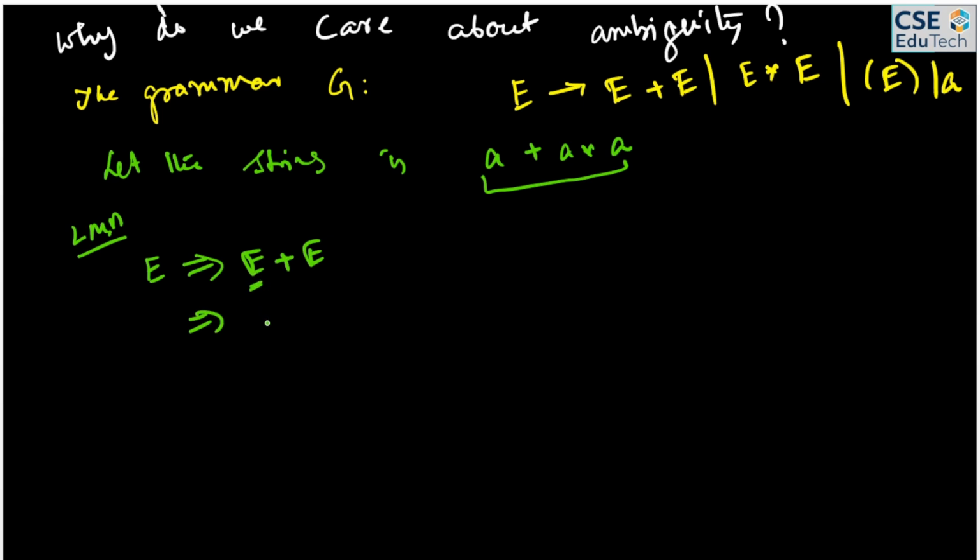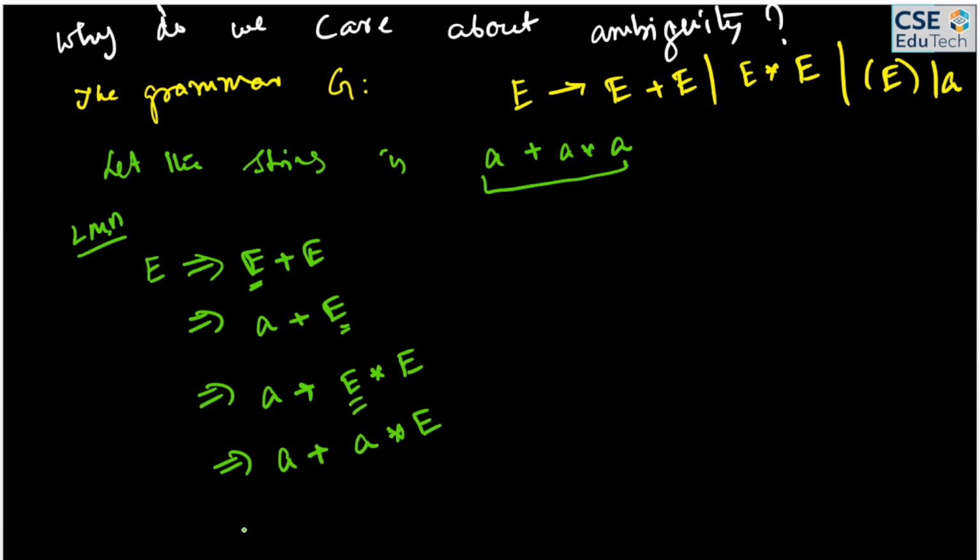So this E can be replaced by A. Now the next leftmost variable E can be replaced by E multiplication E. Now it will be A plus, then this variable will be replaced, then A, then A multiplication of A.